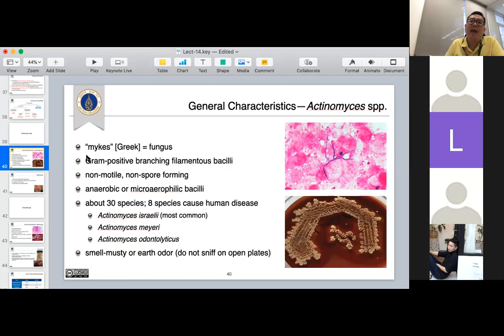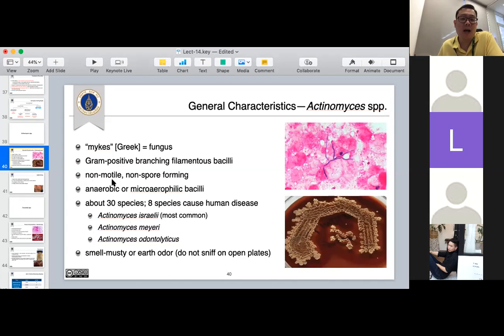So we get a lot of antibiotics from actinomycetes and Streptomyces species, but some actinomycetes can also cause disease. The common disease comes from Actinomyces israelii, the first isolate in Israel. That's why they named it like that.